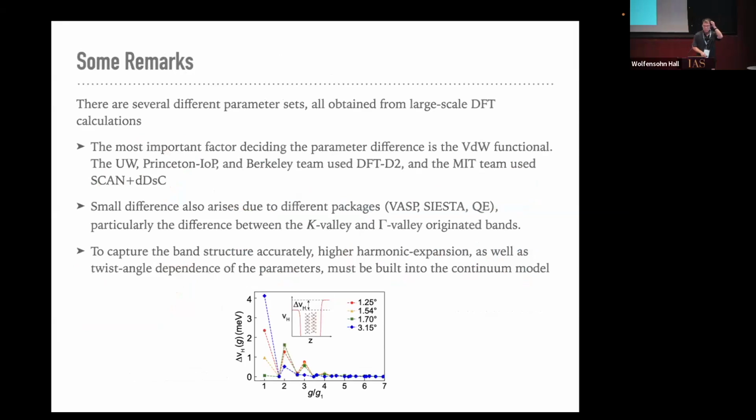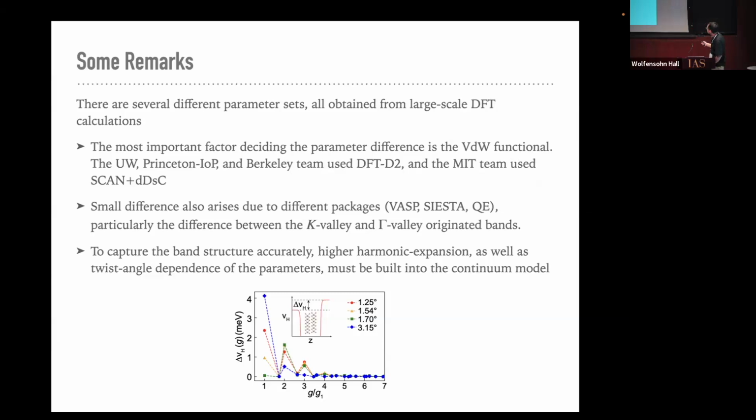So let me make some remarks. There have been several different parameter sets floating around, and all are obtained from large-scale DFT calculations. Depending on what you do in your calculation, you could have different parameters, right? The most important factor deciding the parameter difference is the van der Waals functional. So our group, the Princeton IOP collaboration and the Berkeley team, we all use DFT-D2, just for the experts in the audience.